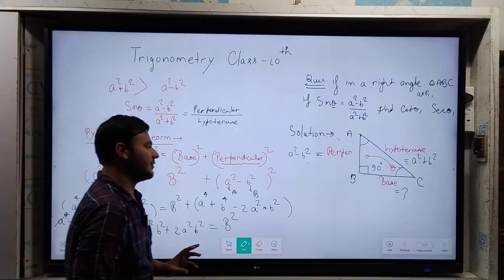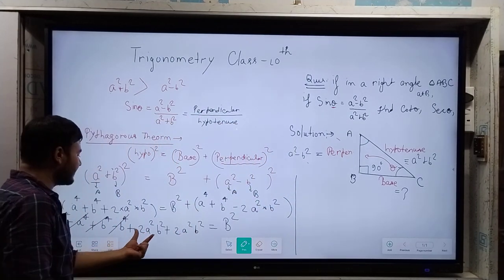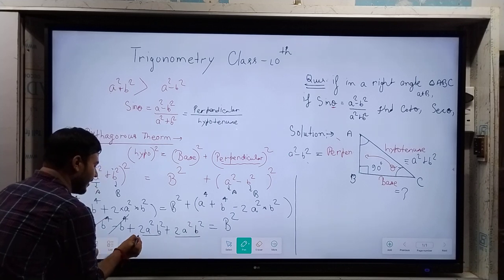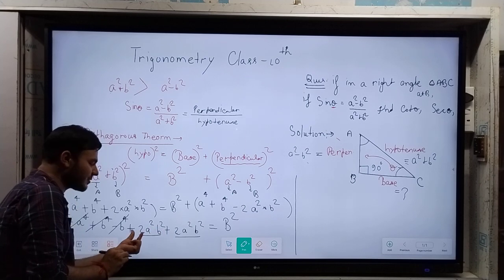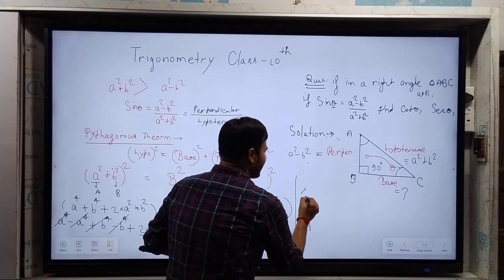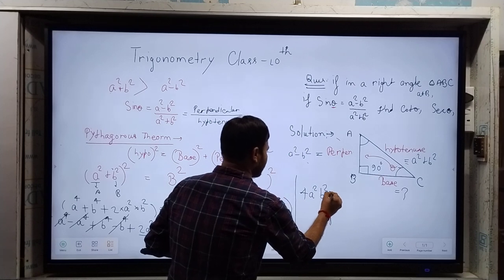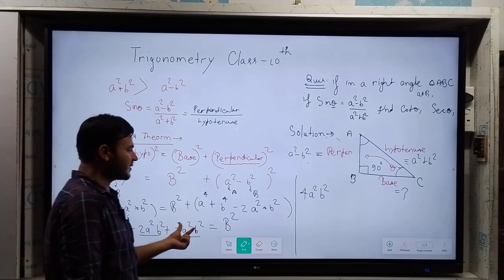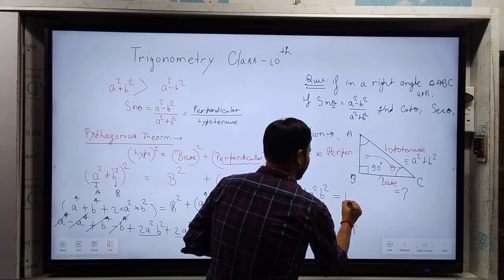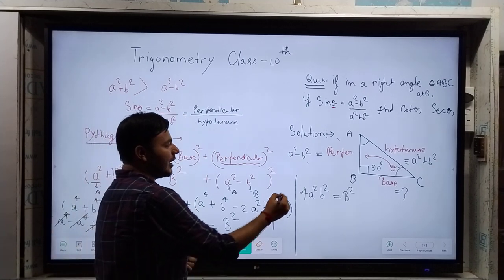Now we see that this is the same value, a square b square, a square b square, but this is plus 2, this is plus 2. After combining, this will be 4a square b square, because plus 2 after combining gives plus 4. This will be base square.